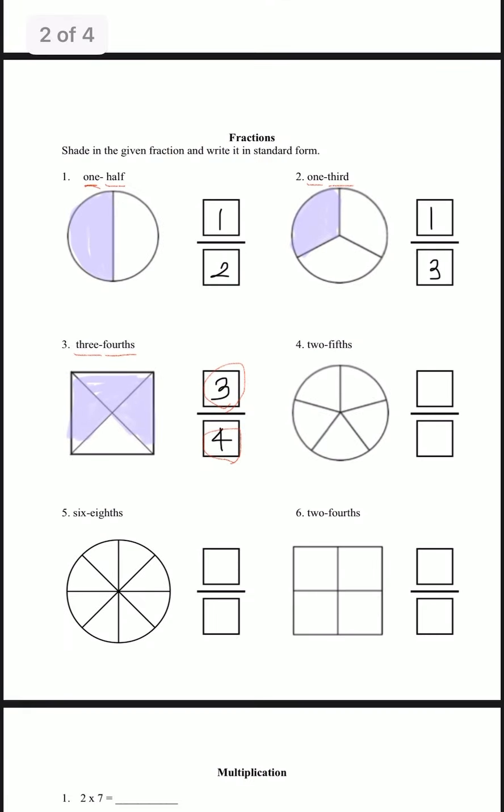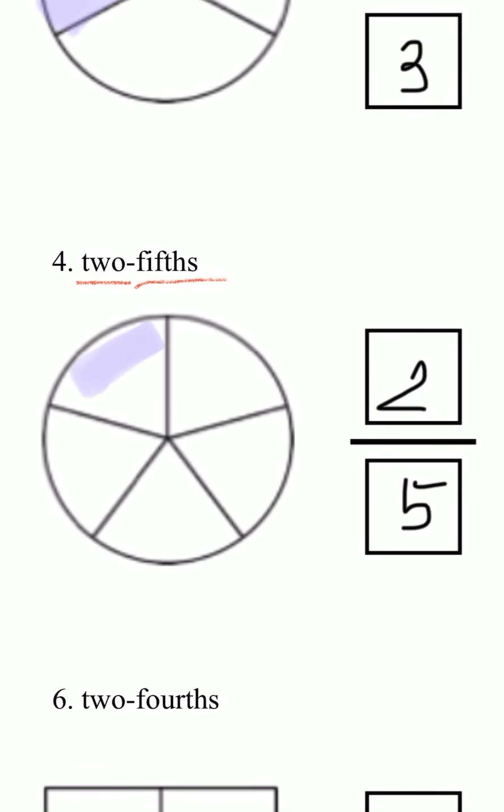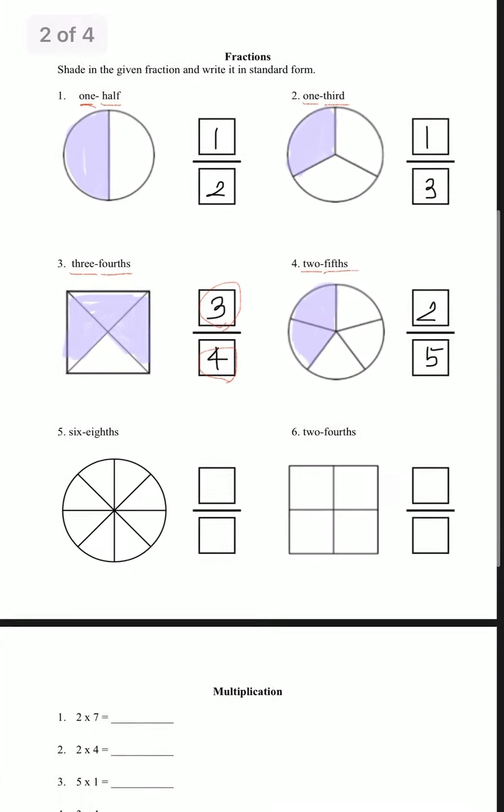Okay. Number 4, 2/5. 2 comes first, goes on the top. 5ths, it goes on the bottom. The circle is divided into 5 parts, and we're going to have to shade 2 parts of the circle. So 1 and 2. Okay, let's try one more.